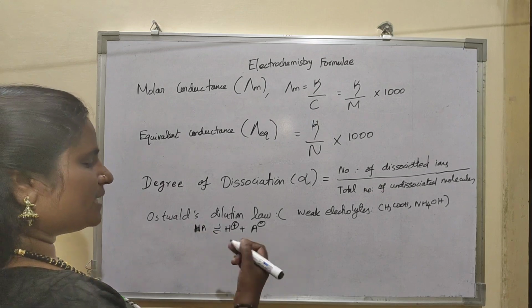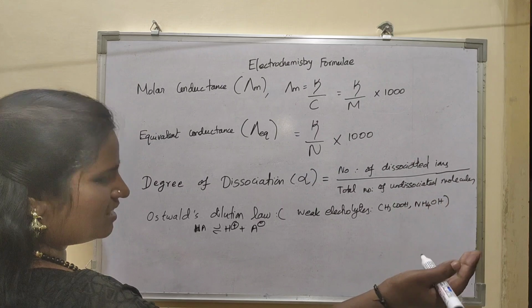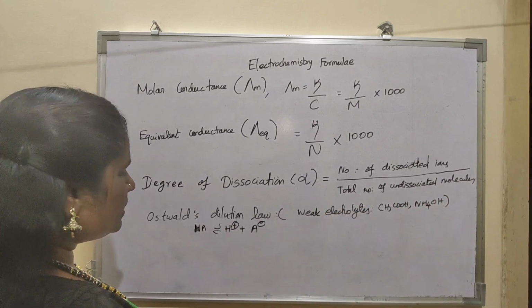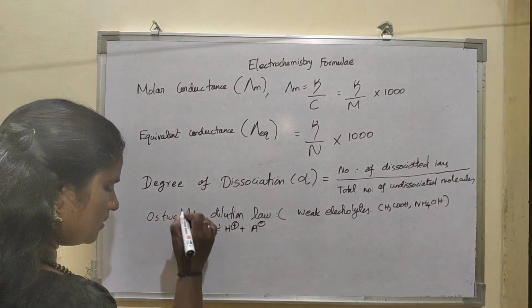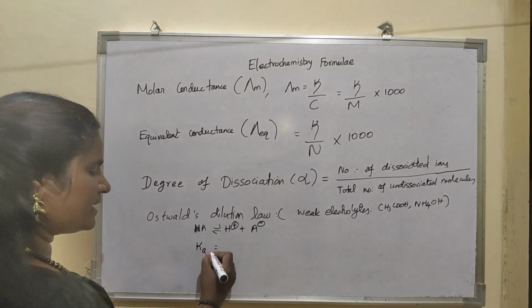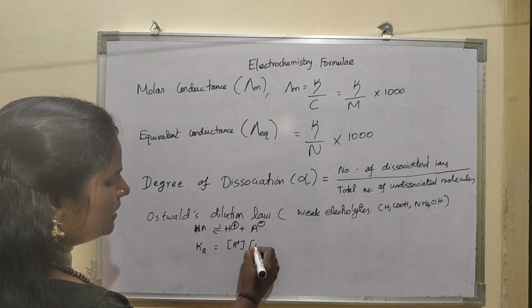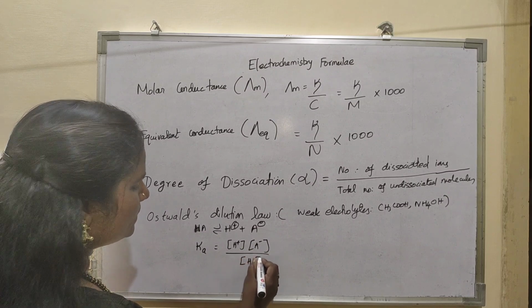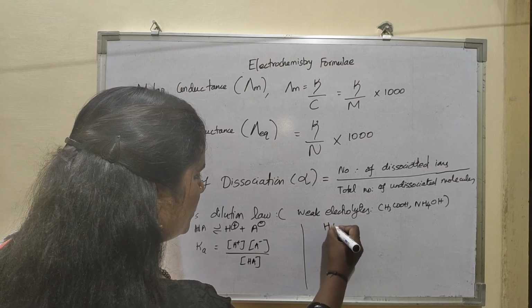But in the case of strong electrolytes, the reaction moves only in the forward direction and the backward direction is very small, whereas here both are equally probable. So we have to find Ka. We can write Ka is equal to the product of the concentrations of H plus and A minus divided by the undissociated acid molecule. For that I can apply the ICF method.